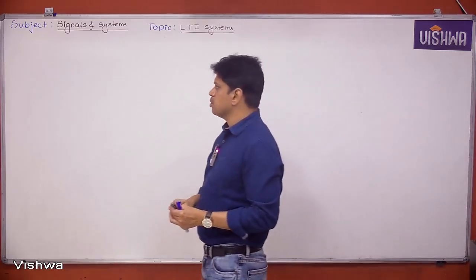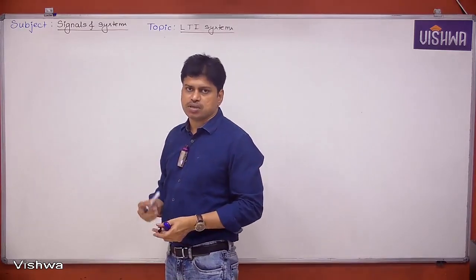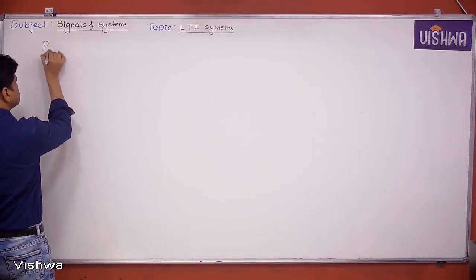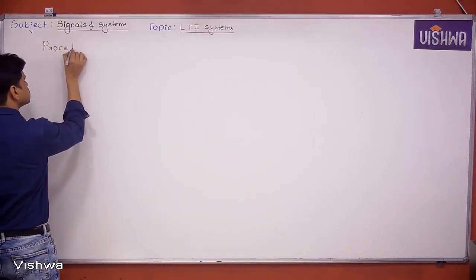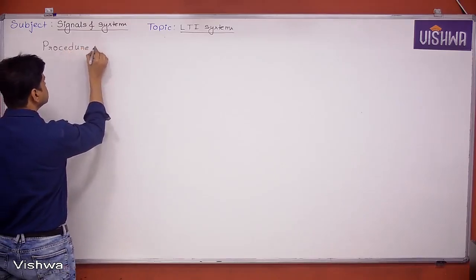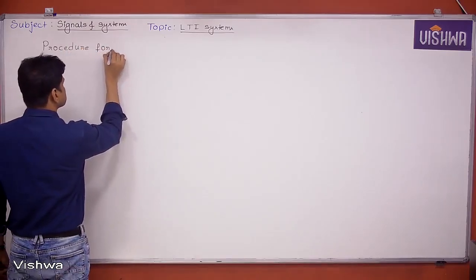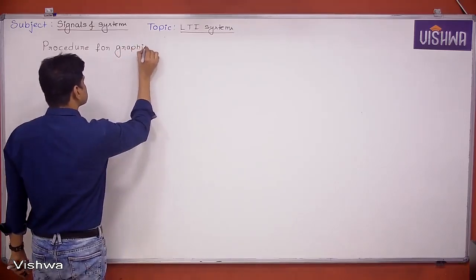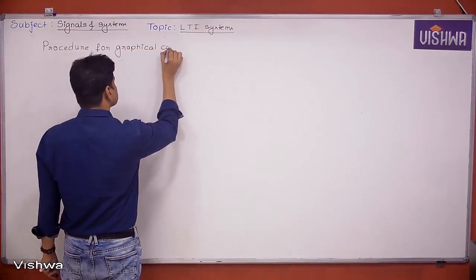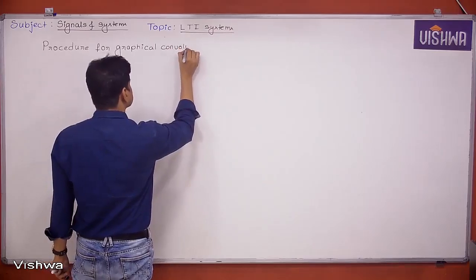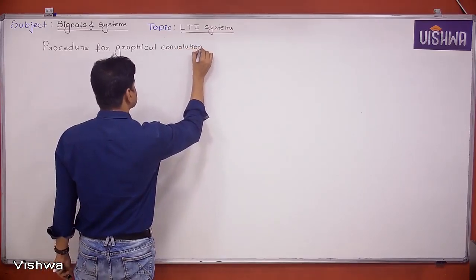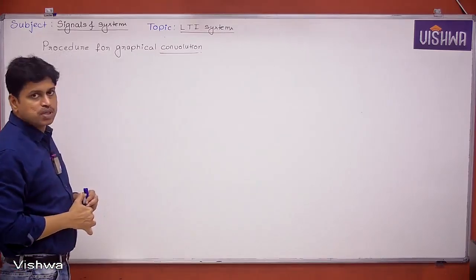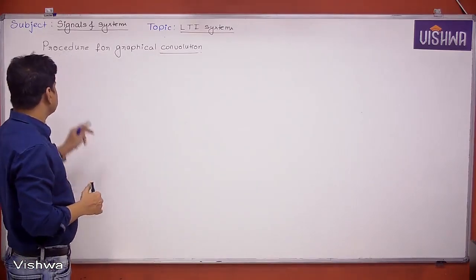Next, give a heading: procedure for graphical convolution. Okay, listen carefully.